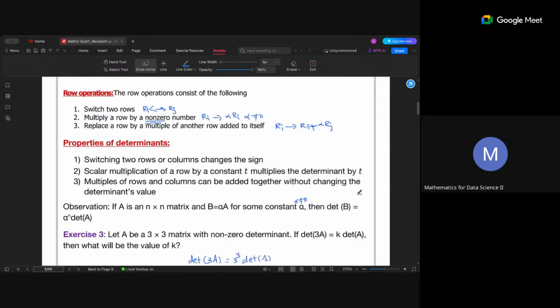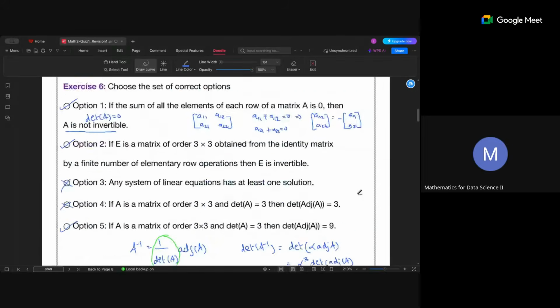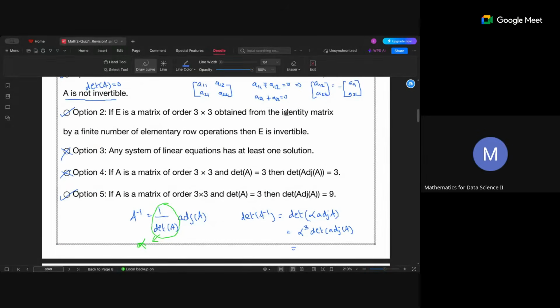The matrix we originally consider is the identity matrix, and we know that its determinant is non-zero. So after finite row operations, the determinant of I will be some alpha, which is non-zero, right? Because either we change sign or we just multiply with a non-zero number. So this will remain non-zero, and hence it is invertible. Okay?